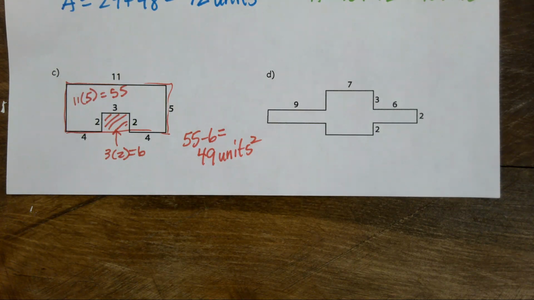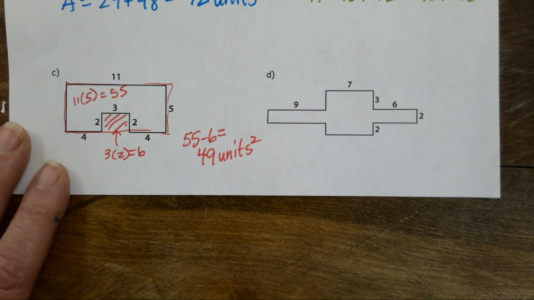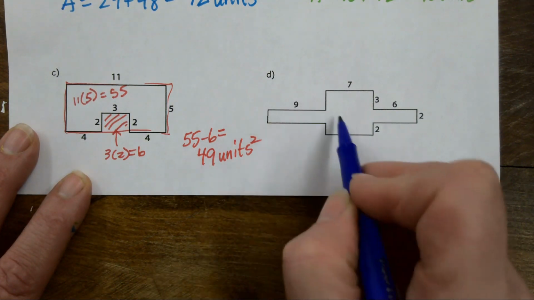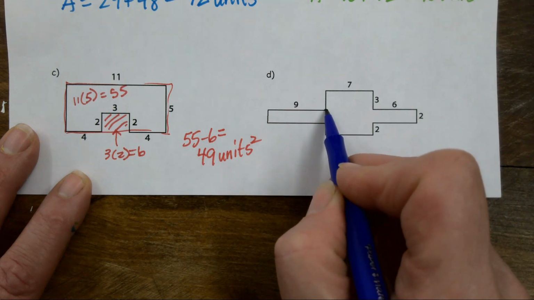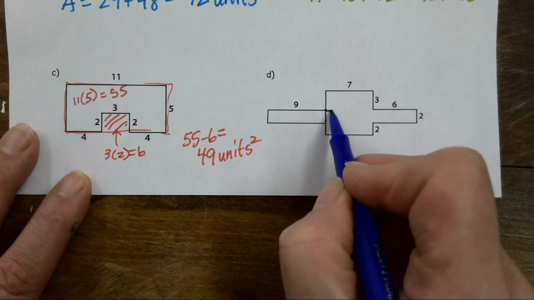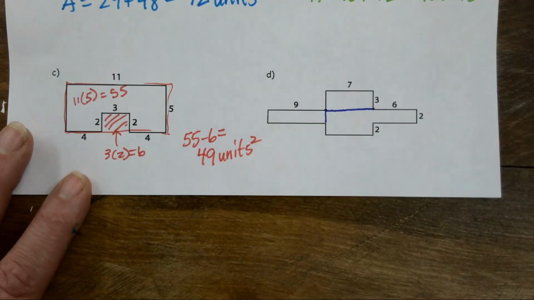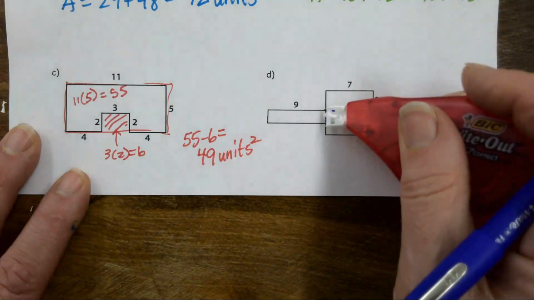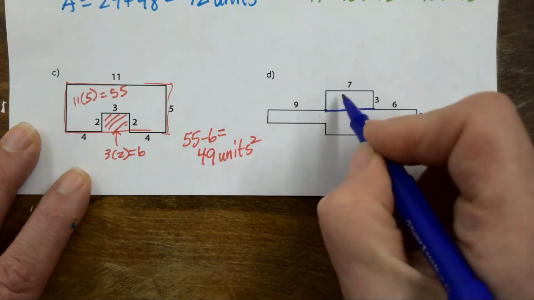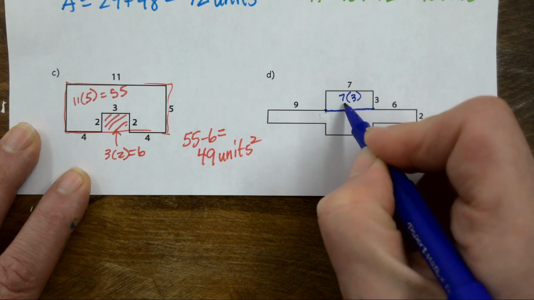Here? Like here? Yeah. Okay. Or this way? Yeah. This way. Okay, great. Perfect. Okay, so that gave us this shape here, 7 by 3, or 21.